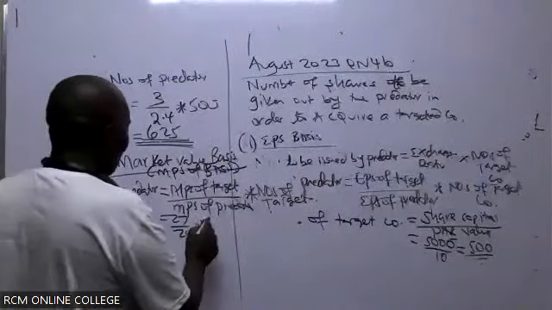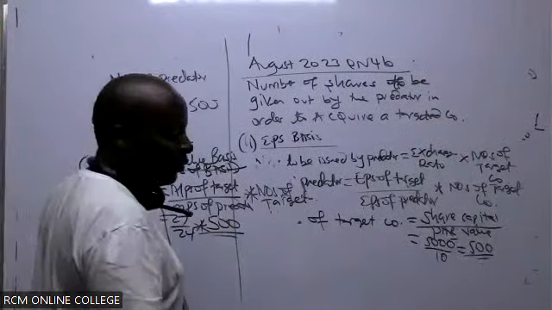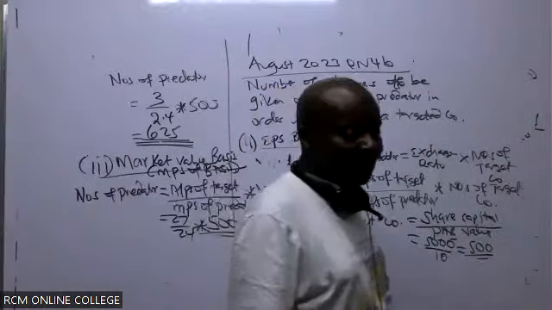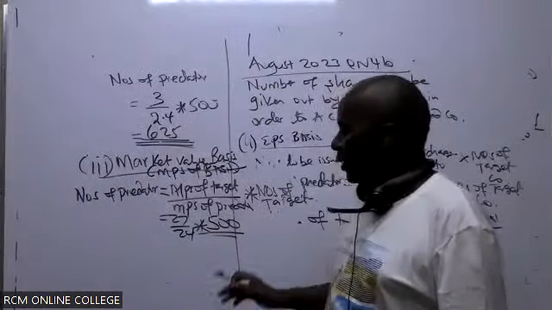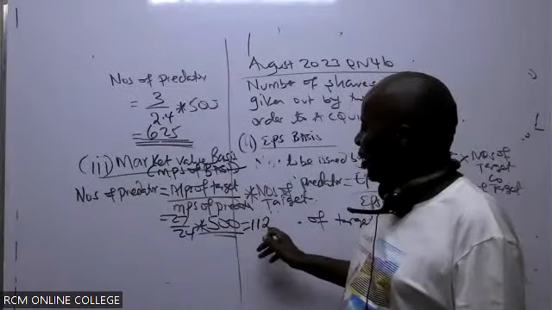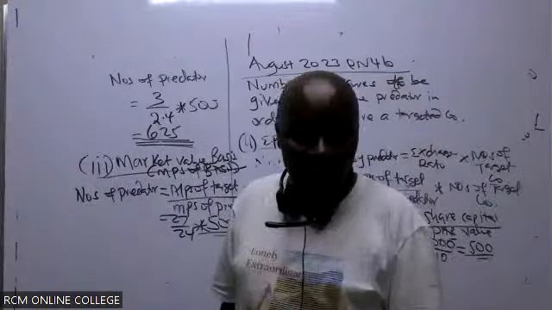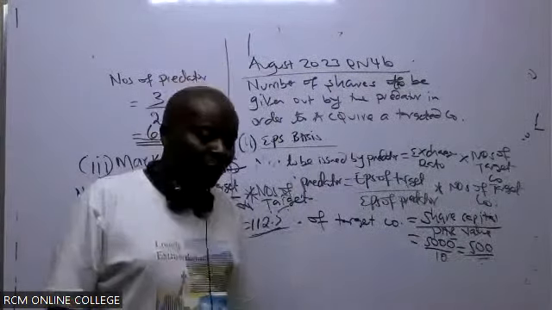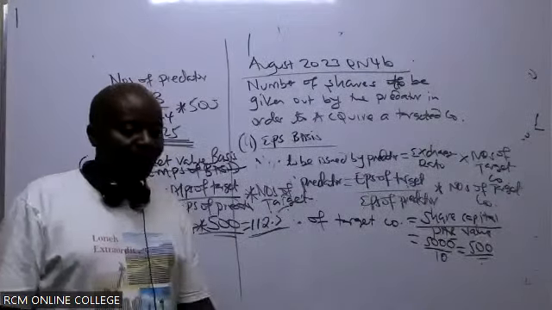So the number of shares of the target company will remain as 500, which gives us 112.5.